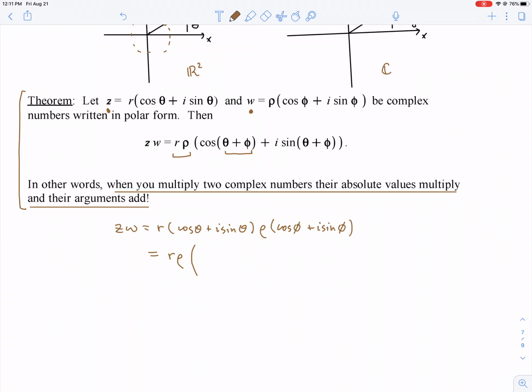First times first gives me cos theta cos phi. Last times last gives me i squared, or minus 1, times sine theta sine phi. The imaginary part is, first times last is cos theta sine phi. Last times first is sine theta cosine phi.